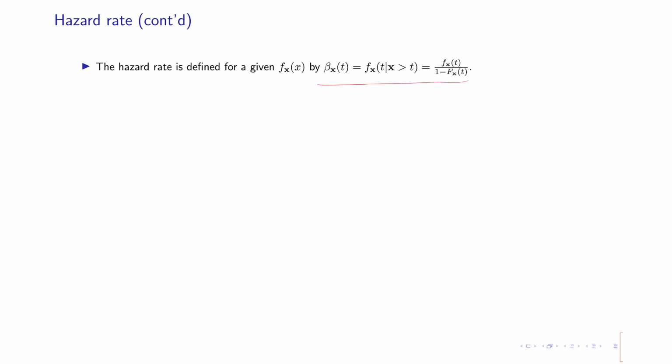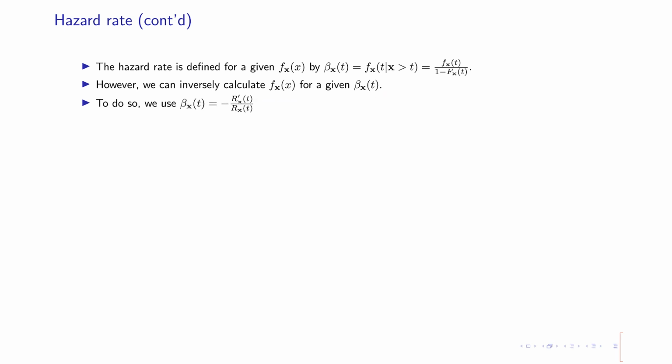Now we wonder if we can calculate the distribution, PDF or CDF, provided that the hazard rate is given to you. So we can inversely calculate this one using the hazard rate. We use the same equations we have, and obviously this is the derivative of ln of R_X(t).